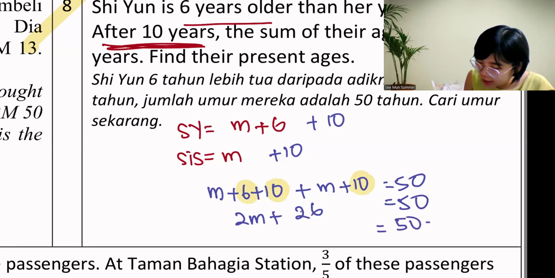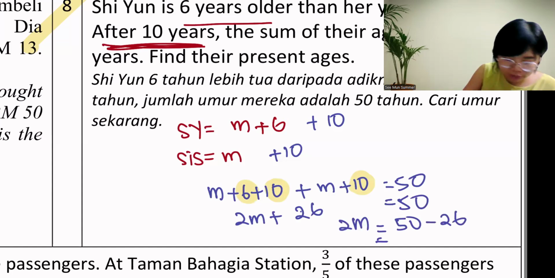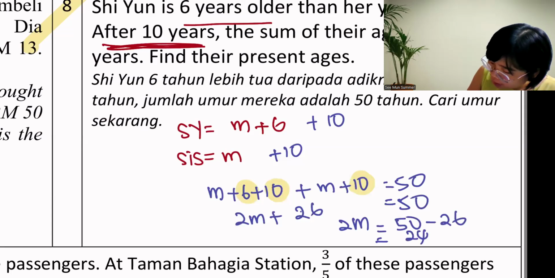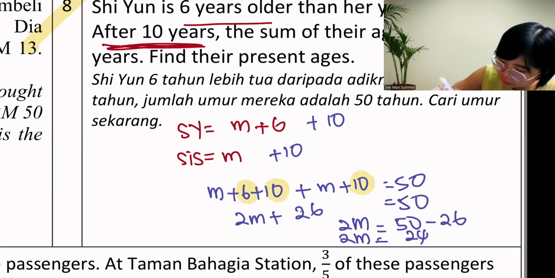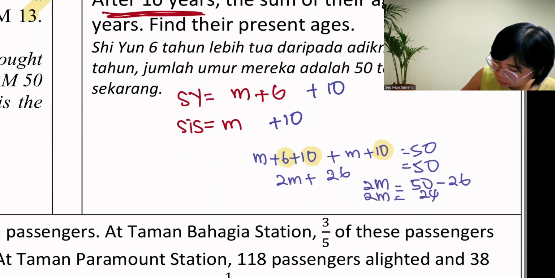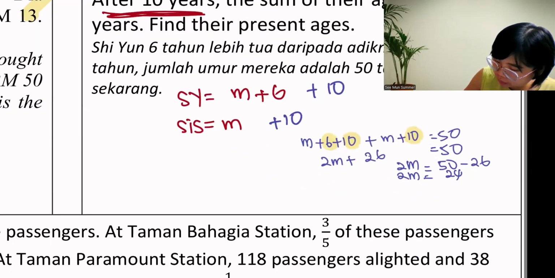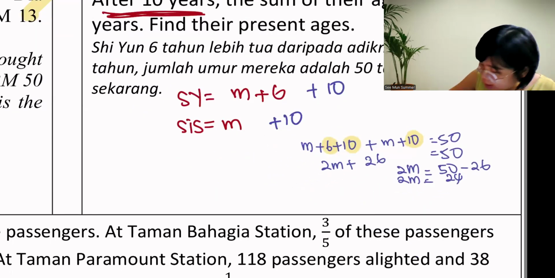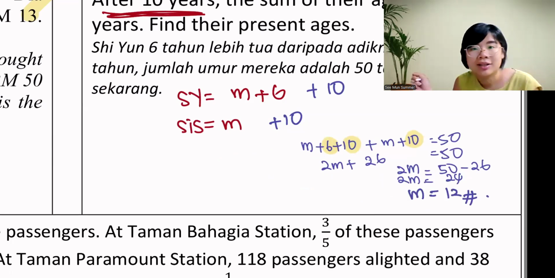So 26 goes across as negative 26. So 50 minus 26 is 24, equals 2M. And then you will have M equals 12. Correct?